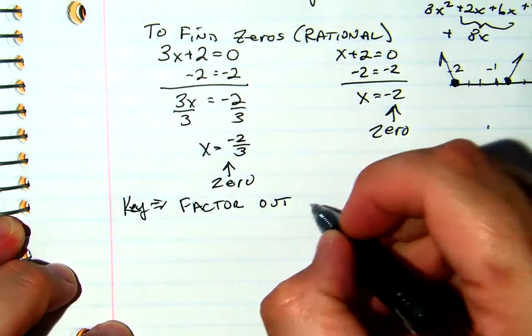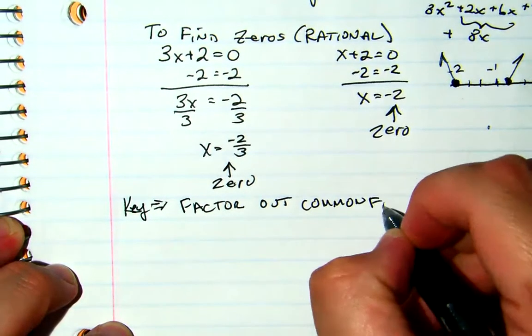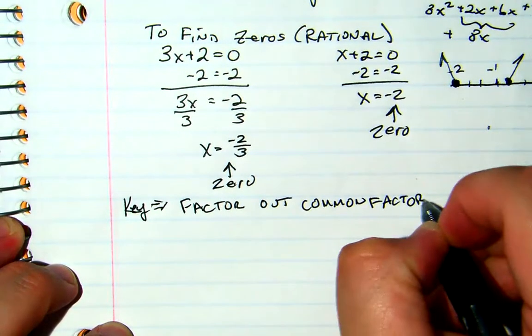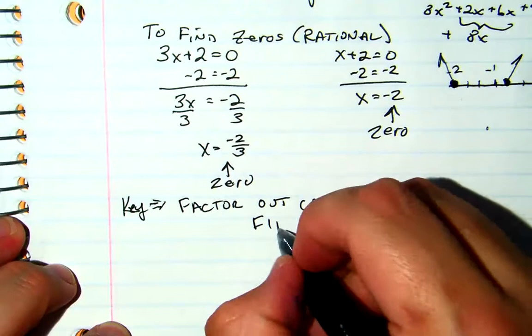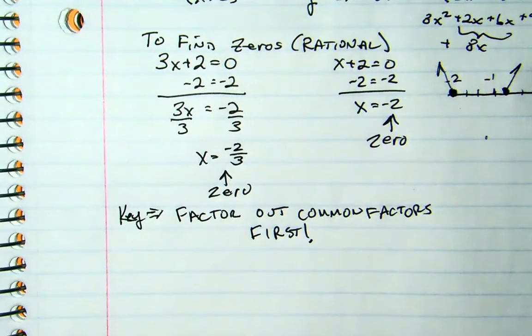Factor out common factors first. Factor out your common factors first, because otherwise the process doesn't work. So, that's it.